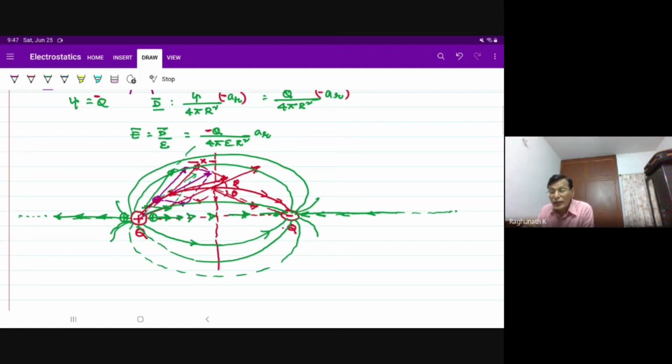In fact, one charge line goes to infinity, the corresponding line at infinity takes the return path and comes back to the negative charge from infinity. The size of this curve increases, right? Like this, depending upon the position where I start by keeping the positive charge.